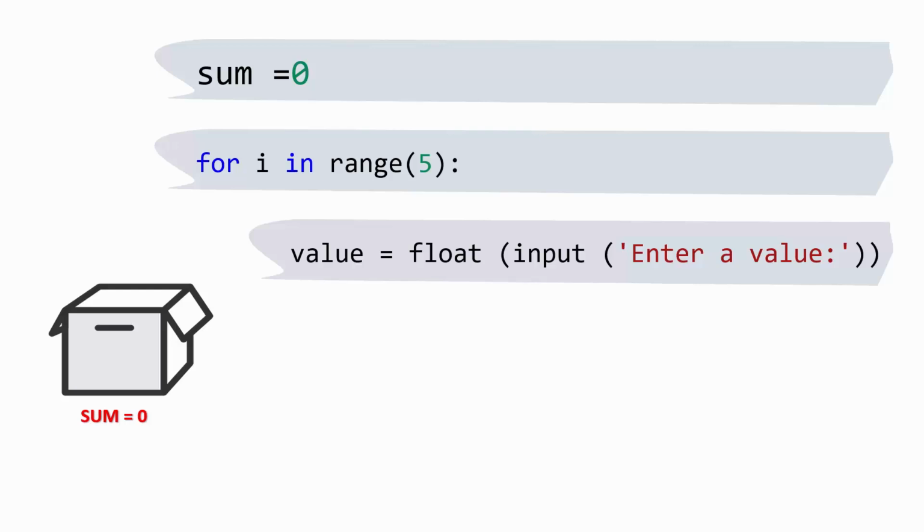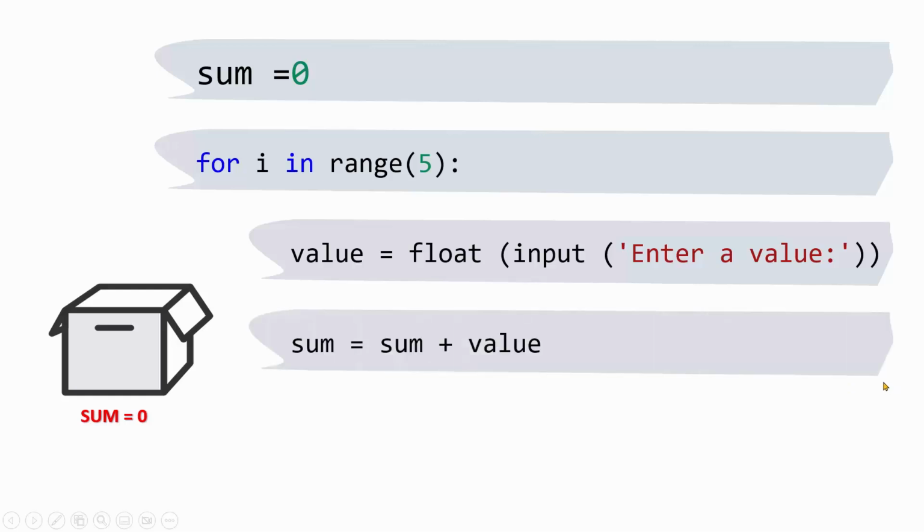And once the user inputs this, I need to take this value and add it to sum. So initially sum is 0. And after the first time the user inputs a value, we will say sum is equal to sum plus value. So let us say the user input 5. So after this statement, sum will be 5.